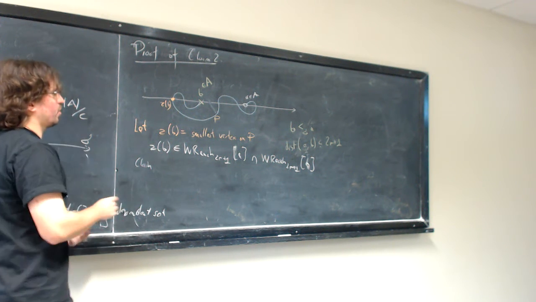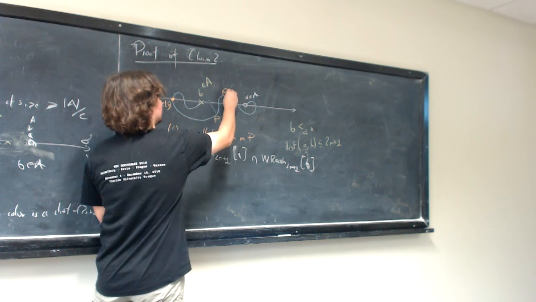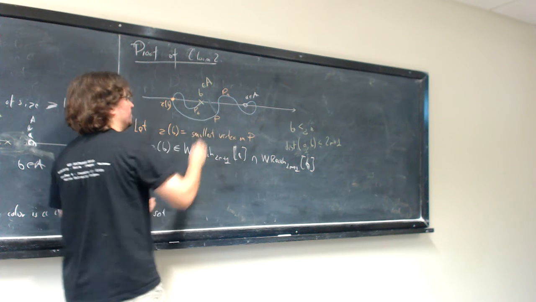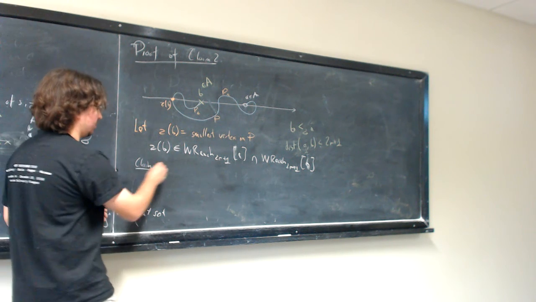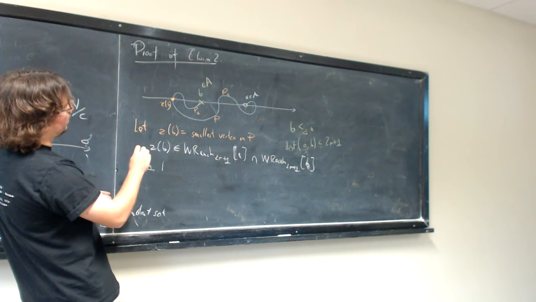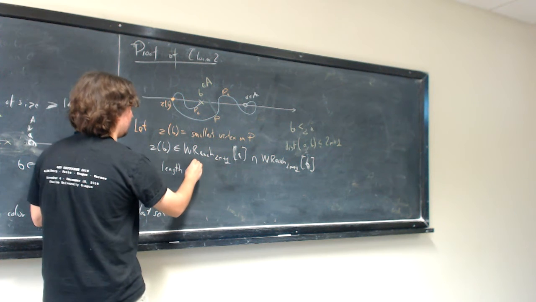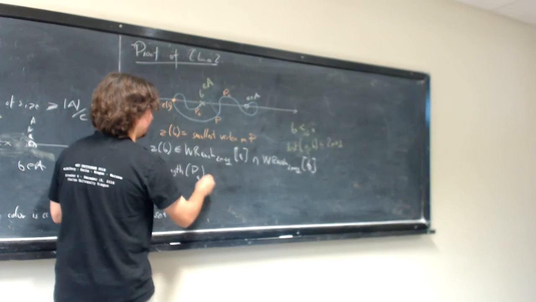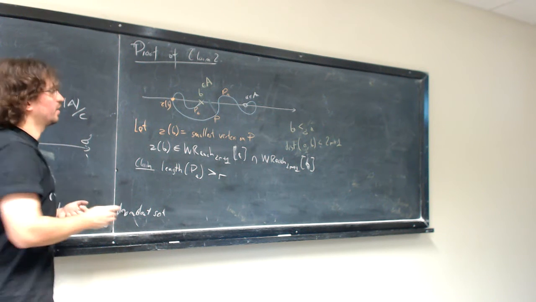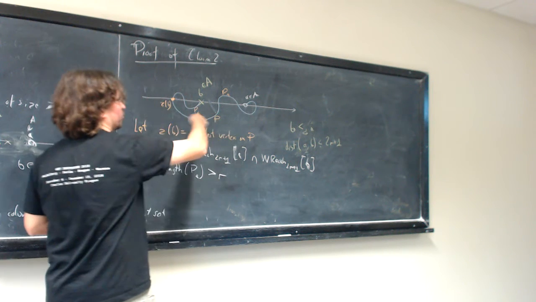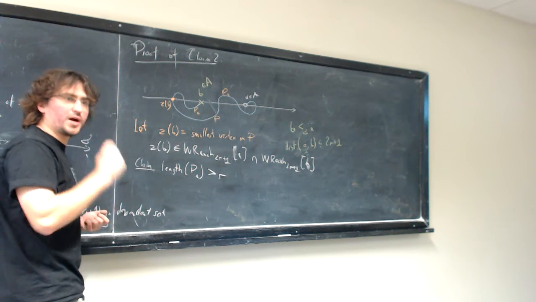Let's call this prefix PA and this suffix PB. I claim that the length of PA is actually larger than R. That this path cannot be short. Why?